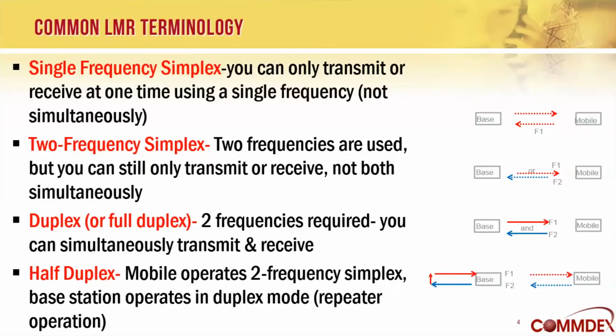Well, a repeater does operate in duplex mode because everything it receives, it automatically retransmits. So it operates in duplex. So when we have a link that involves a repeater, it's called a half duplex link because half the equipment is operating simplex, the other half is operating duplex. So the entire link is referred to as a half duplex link.